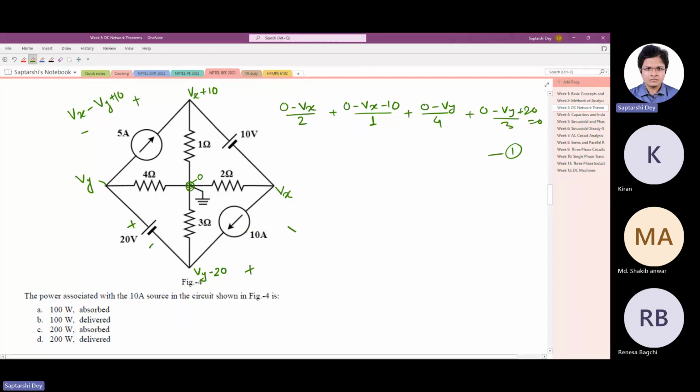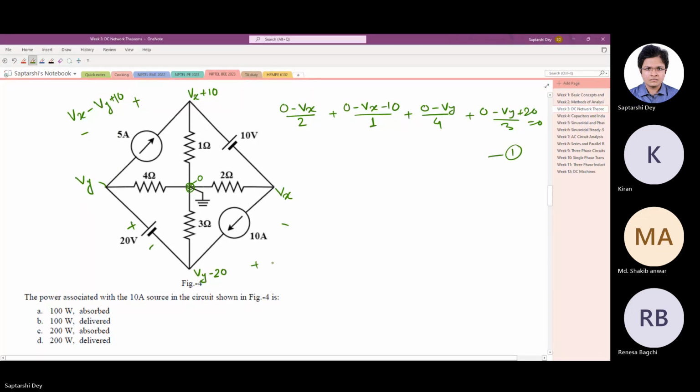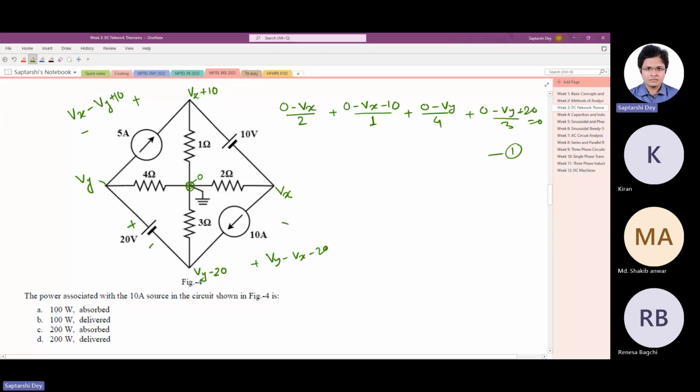No, I don't think this will give us anything. This will not give us any equation. It will simply give us 0 equals 0. If you just keep adding, everything will cancel up. So what else can you apply? Any idea?